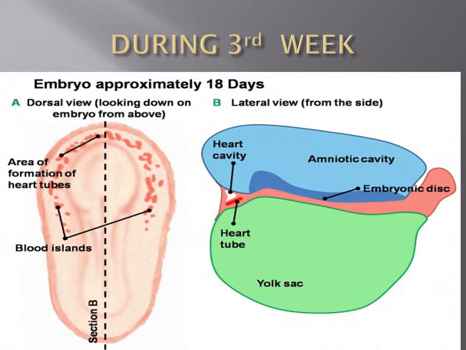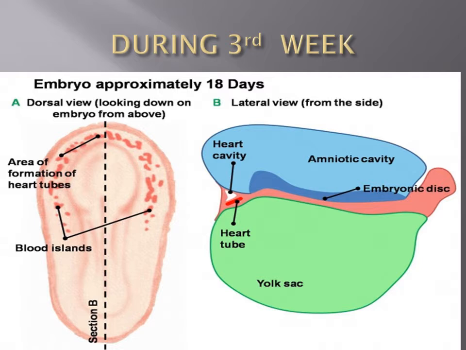Here is the primitive streak, and near the cranial end of the primitive streak, progenitor cells, as we call them, initiate the cardiac cell formation. These cells migrate through the streak into the splanchnic area in the lateral plate.